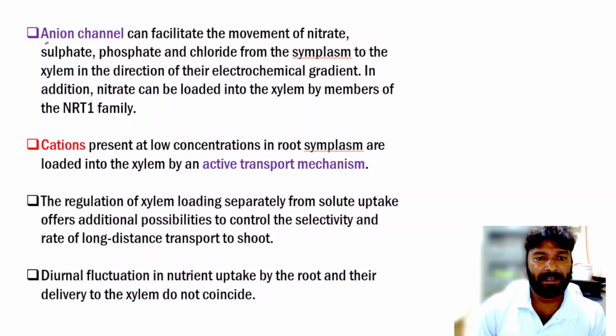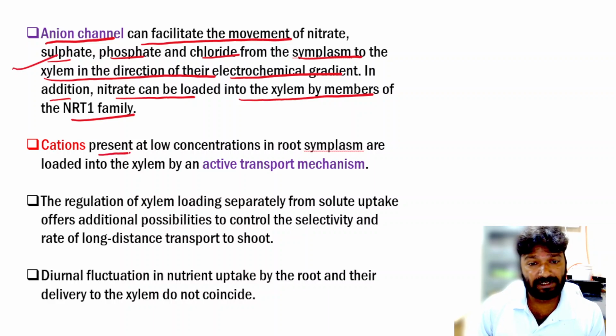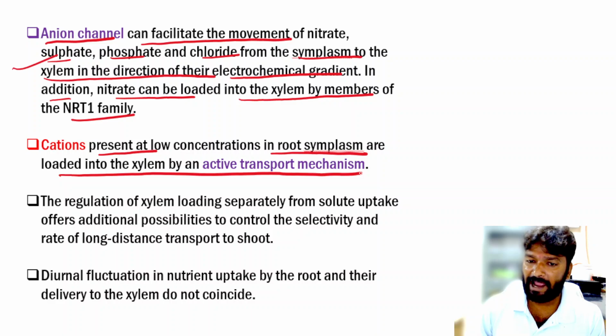Then anion channels can facilitate the movement of nitrate, sulfate, phosphate and chloride from the symplast to the xylem in the direction of their electrochemical gradients. In addition, nitrate can also be loaded into the xylem by the NRT1 family. Cations present at low concentration in root symplast are loaded into the xylem by an active transport mechanism.